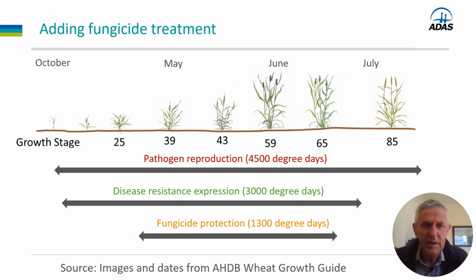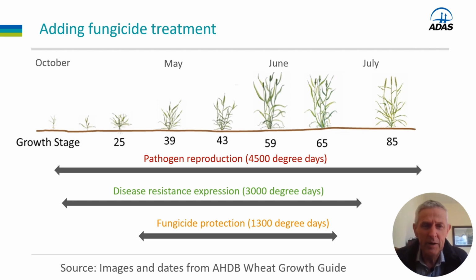So if we imagine this as a timeline for a season of a cereal variety, we can see, if we take the case of Septoria tritici, that the pathogen can be reproducing pretty much from the point of crop emergence right the way through to beyond when the crop has senesced and pre-harvest.